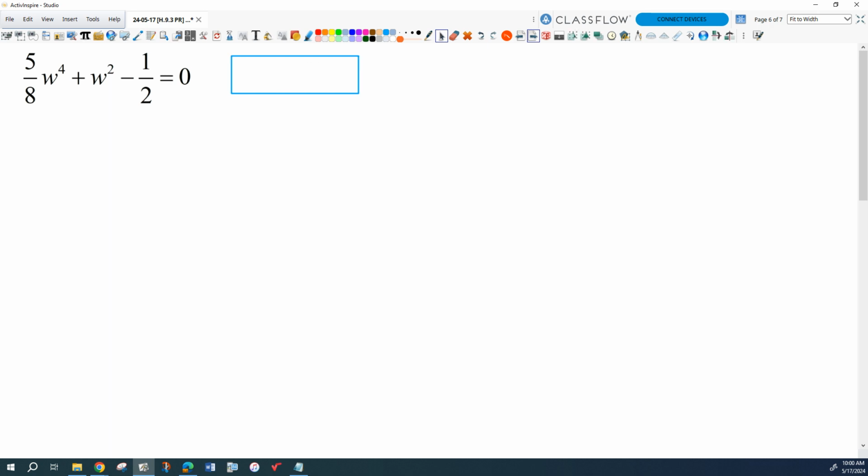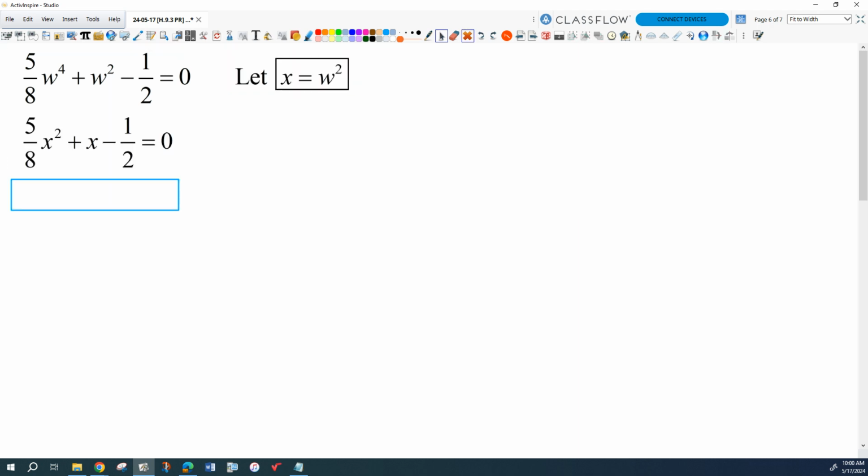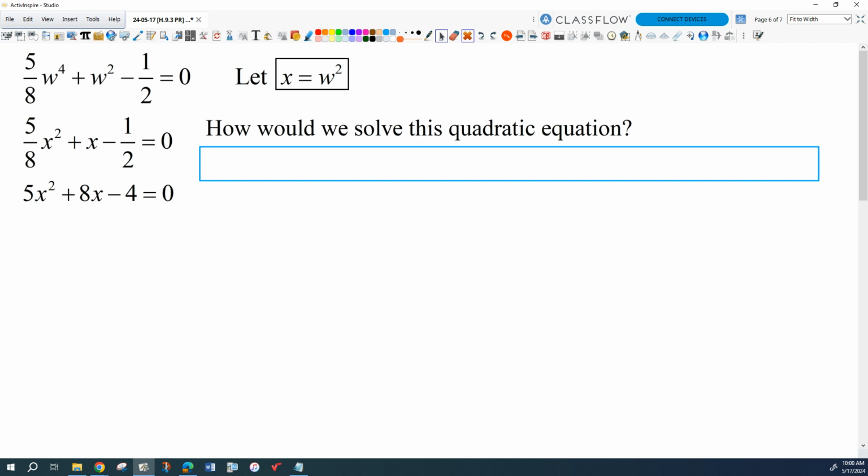Yep. So we've got a couple of good things to do here. We could let any variable other than w, like x, whatever you want to call it. Let x equal w squared, and now that looks like a pretty doable equation, right? Pretty simple. Then we would distribute the 8 through, as you told me.